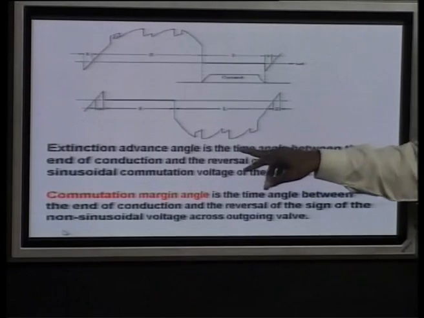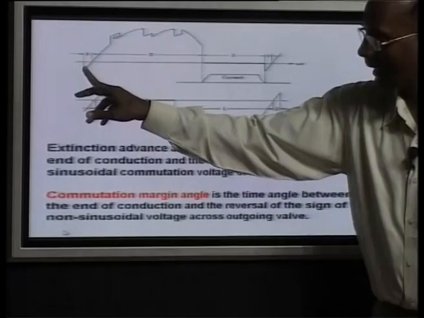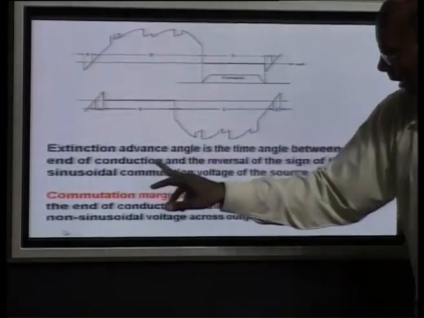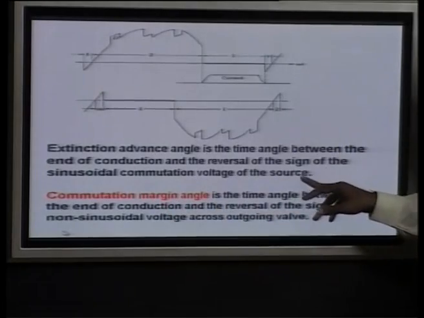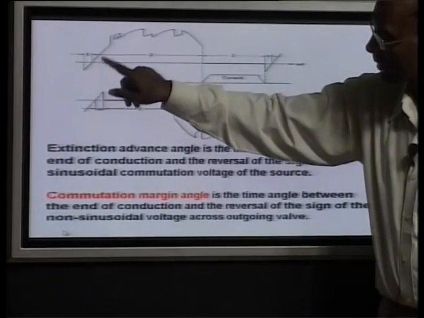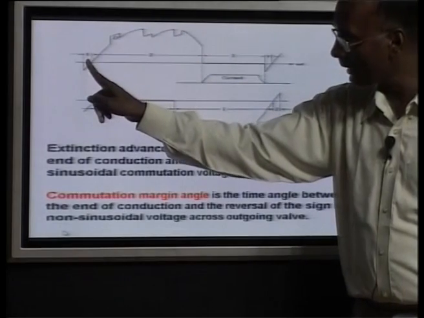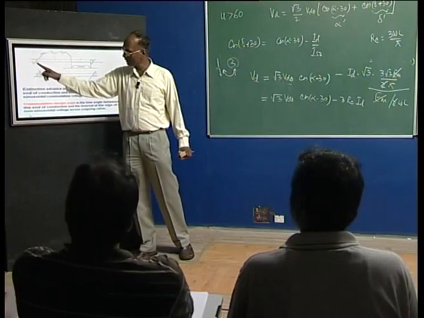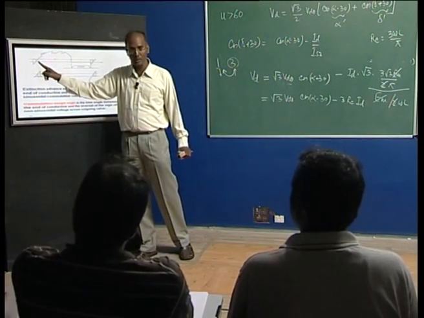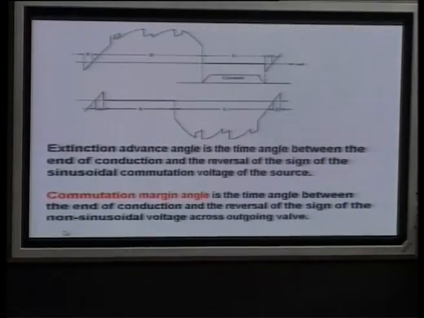Gamma is the time angle between the end of conduction, let us suppose of valve 3, and the reversal of the sign of the sinusoidal commutation voltage of the source, which is going to reverse polarity from negative to positive. This is defined as gamma.